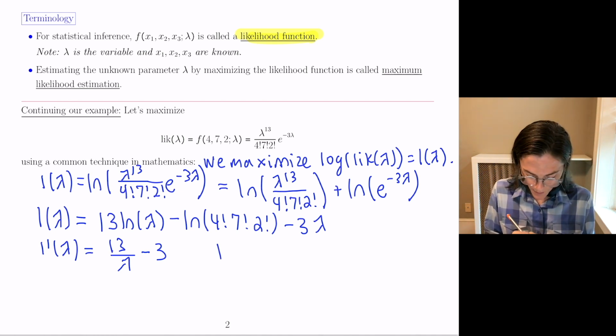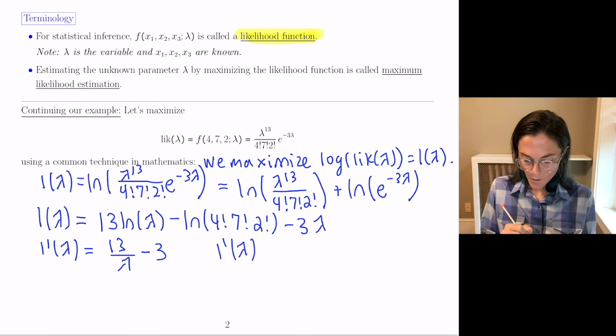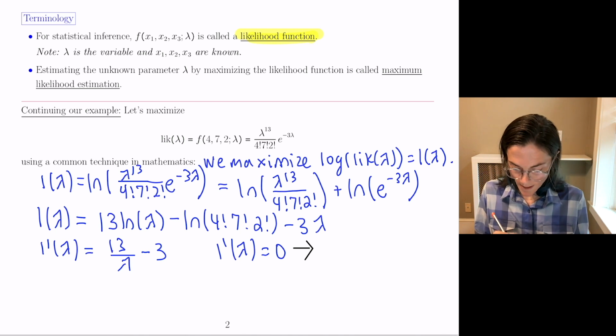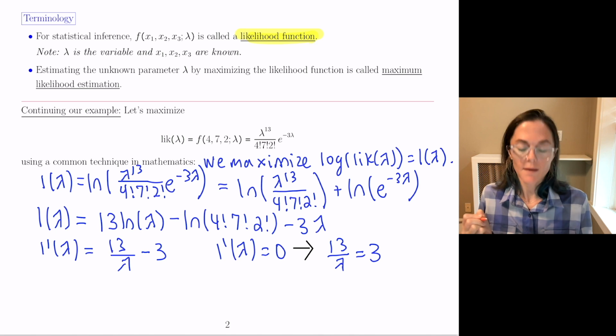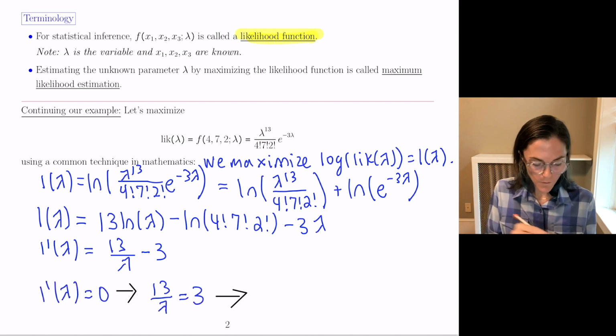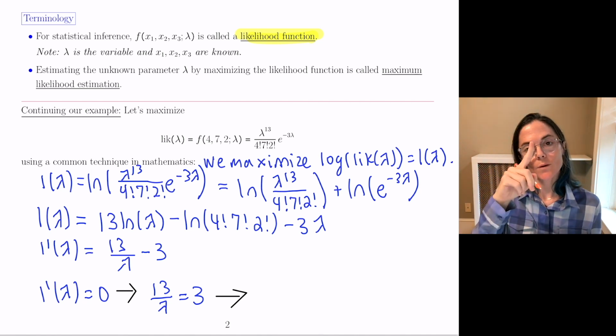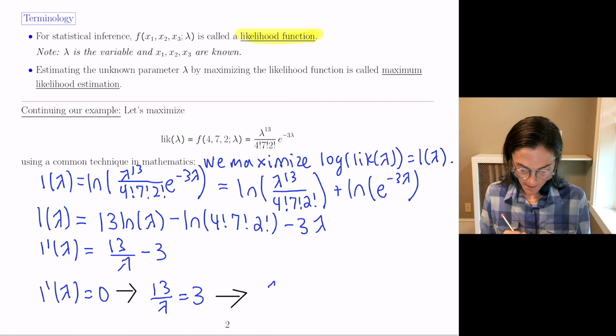Well, L prime of lambda equals 0. This would give me that 13 over lambda equals 3. And solving for lambda, well, 3 lambda would equal 13, or lambda will be 13 over 3.